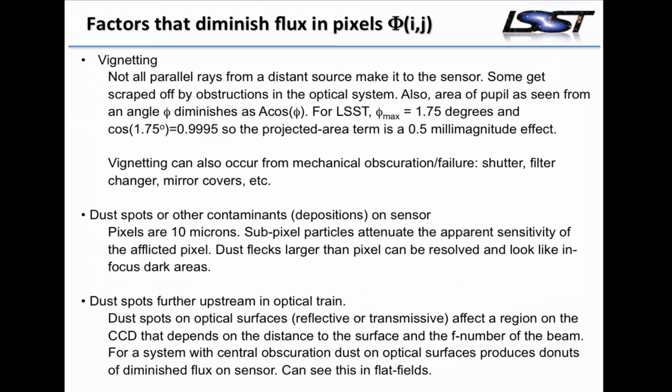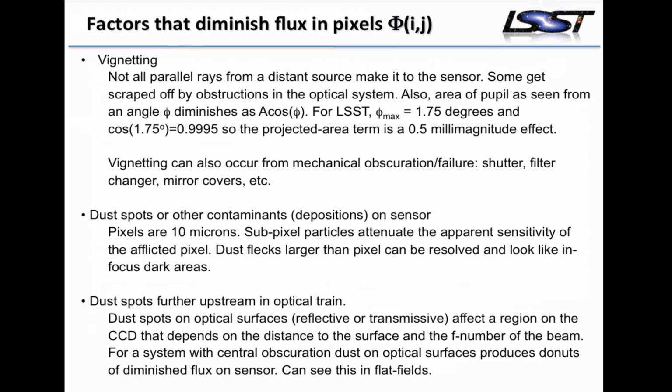So the pixels are 10 microns across. If I had a 5 micron dust spot land on one pixel, it attenuates the apparent sensitivity of that pixel. If I had a 100 micron hair land on the CCD, that then looks like a linear feature that's resolved, and you actually see it on the surface of the detector. So there are things that sit on the detector.